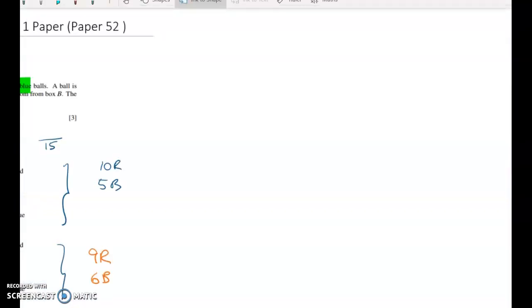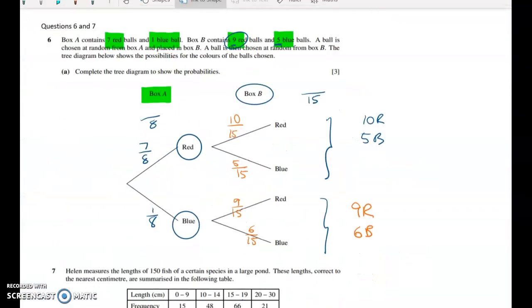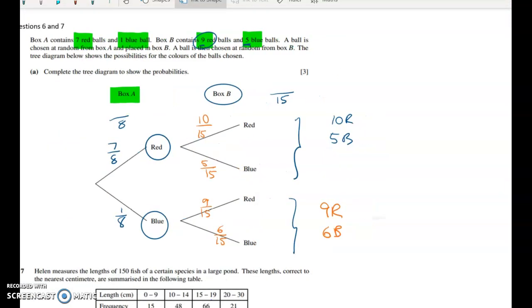So hopping back over to OneNote, not the same color means I'm either going to have red then blue or blue then red. So I have your tree diagram in front of you to answer this, but it's the probability of RB plus the probability of blue then red. Red then blue, reading off the tree, we get 7/8 times 5/15.